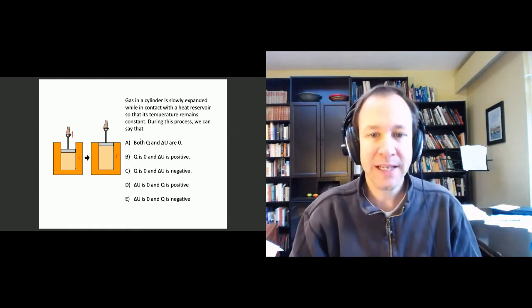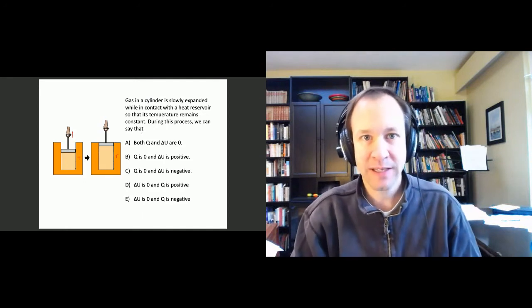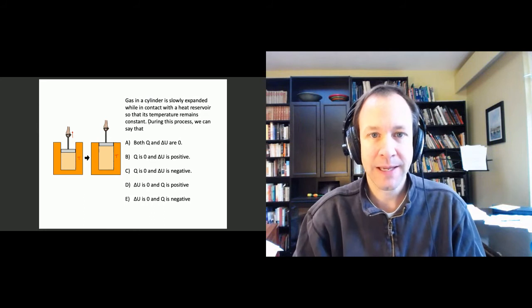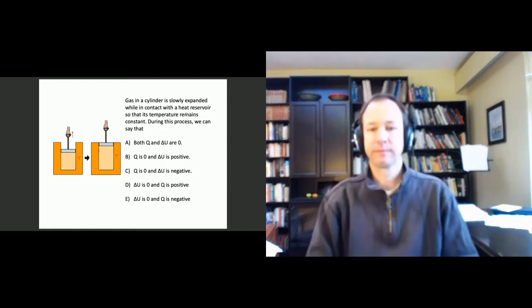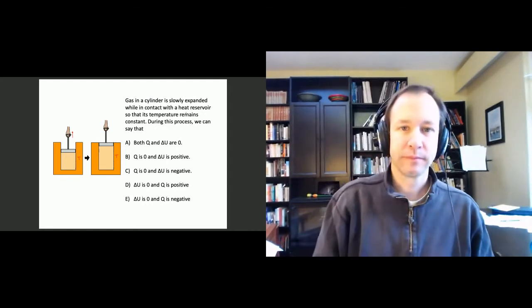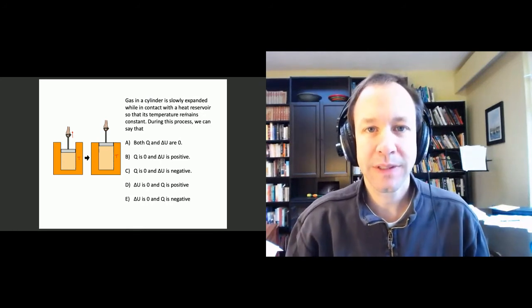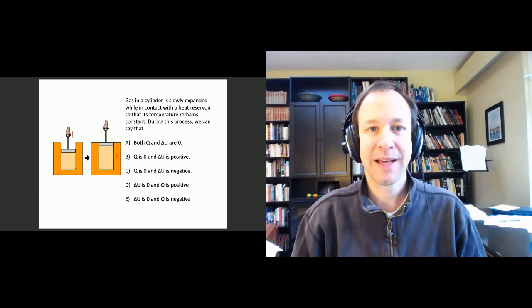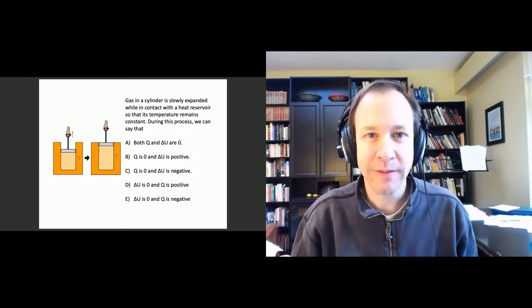Okay, so take a moment to think about what it means in terms of the energies appearing in our first law of thermodynamics if we know that the temperature is constant. Okay, so let's have a look. One way of thinking about this is very simple, but it's a little bit counterintuitive in another way.